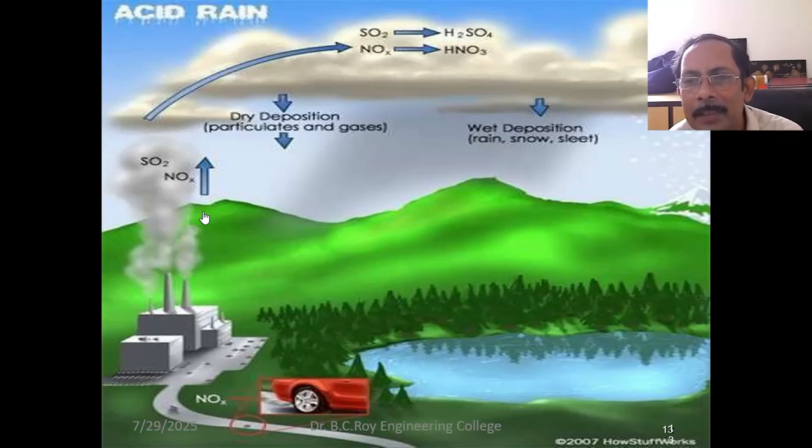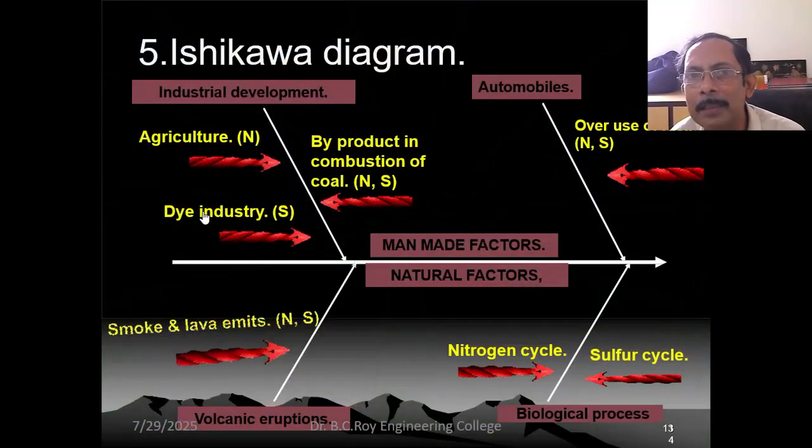This sulfuric acid and nitric acid get deposited, making the soil acidic, the lake water acidic, the pond water acidic, and that's why different industries are getting affected. Agriculture, dye industry, all those industries are getting affected.